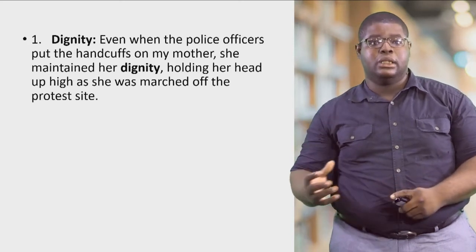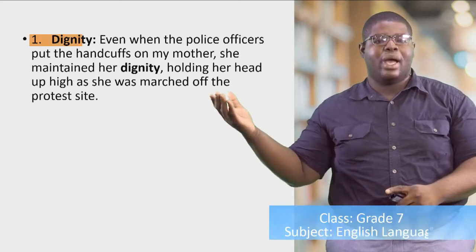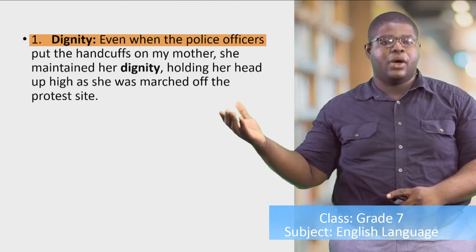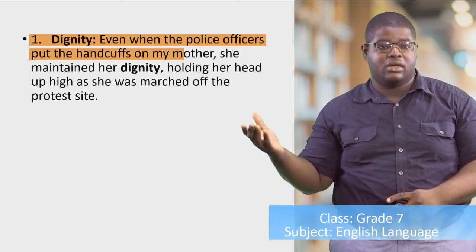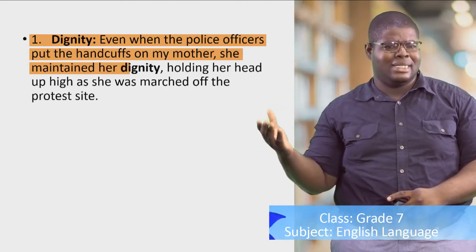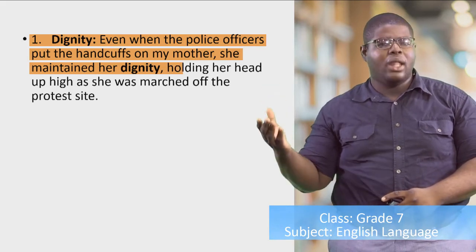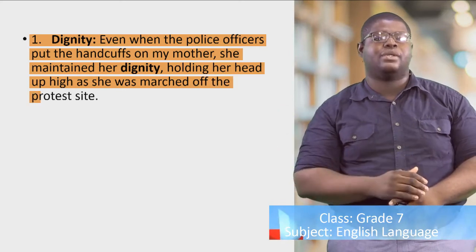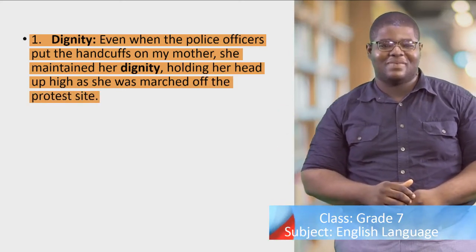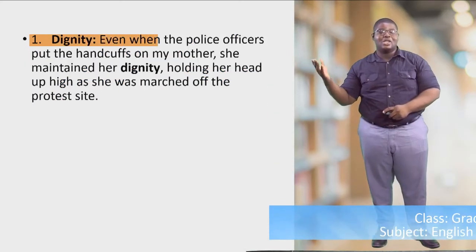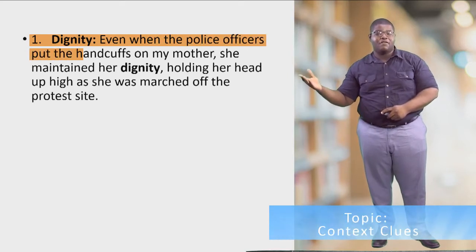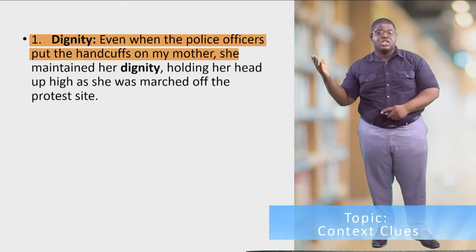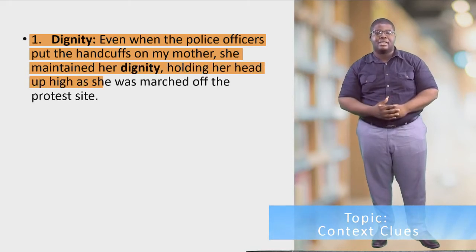Number 1, dignity. Even when the police officers put the handcuffs on my mother, she maintained her dignity. Can you imagine that? Holding her head up high as she was marched off the protest site. Let's go over it again. Even when the police officers put the handcuffs on my mother, she maintained her dignity, holding her head up high as she was marched off the protest site.